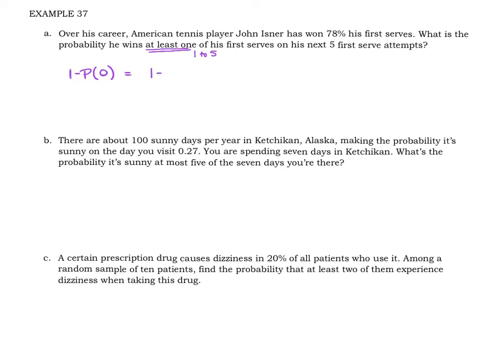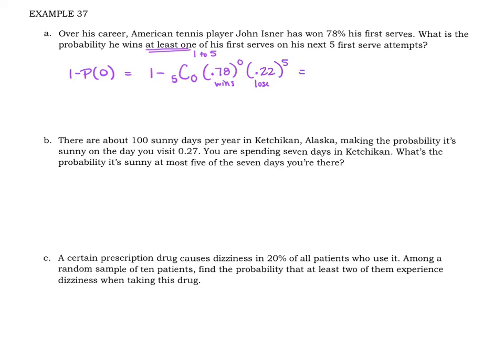So if we take 1 minus the probability he misses them all, he has a total of 5 attempts. Choose 0 because he's going to win the point 0 times in this scenario. Then we multiply by the probability he wins that point, and he's going to win 0 times, and then we're going to multiply by the probability he loses that point, which would be 22% of the time, and he would lose 5 times.